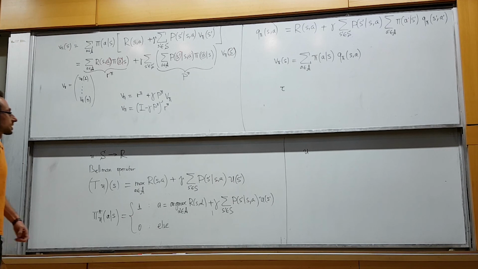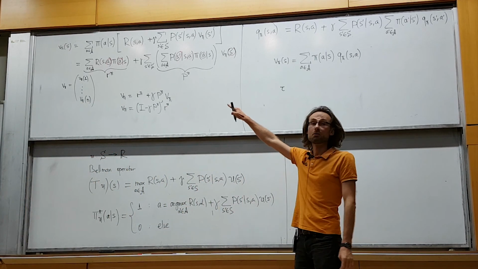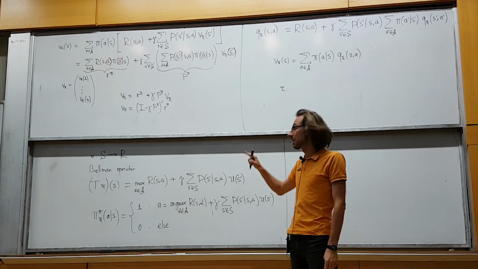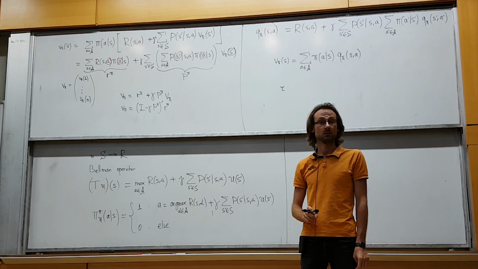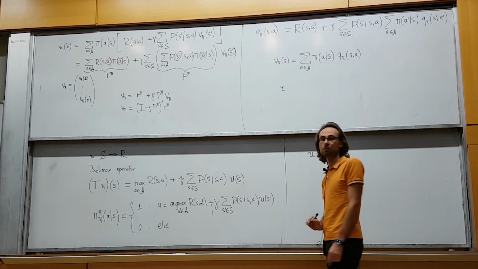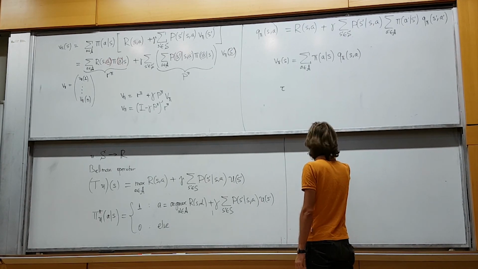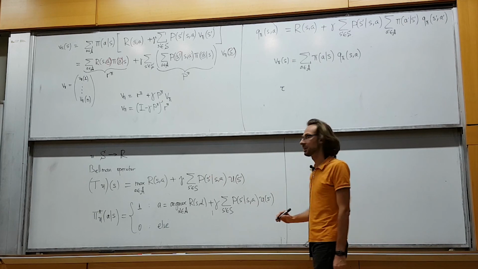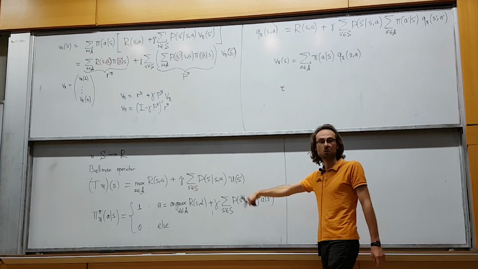So we know how to compute a value function from the policy, right? Now I'm telling you how to compute a policy from a value function. Okay. So if I'm starting with a value function u, and I'm computing this particular policy pi star u, according to the rule that I wrote.